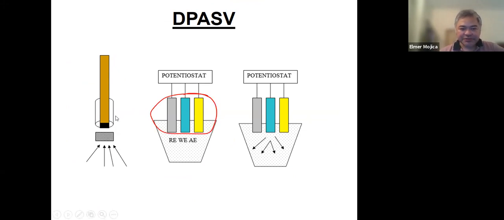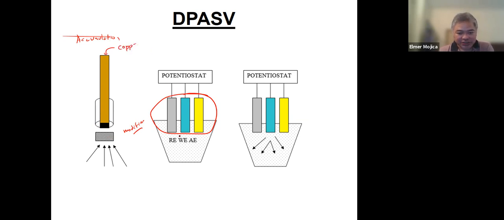So the first step that you have would be accumulation. So the working electrode that my students developed before they're in UPLB, they put a modifier here. So the characteristic of the modifier is it can bind with heavy metal. Okay. And then we put it with carbon paste, which is carbon and Nujol oil. And then we just use the copper wire that we have there.